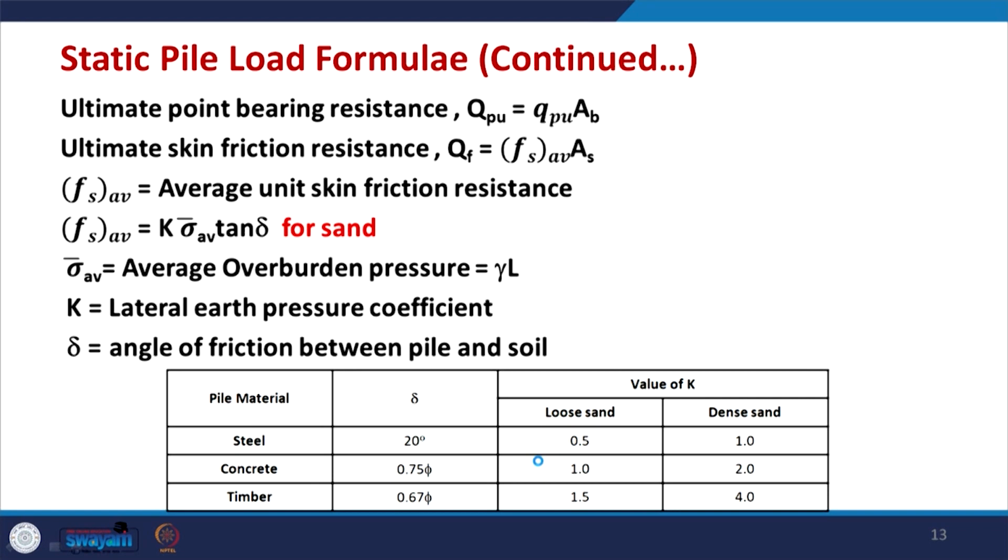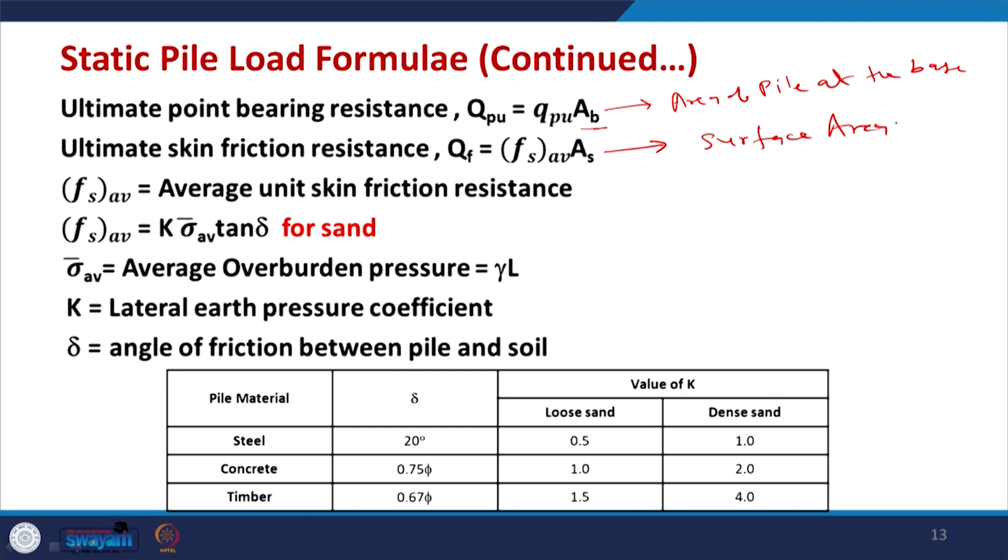Now, once you know QPU, multiply it by AB, where AB is the base area of the cross section of the pile at the base. The ultimate skin friction resistance can also be given as Fs average into As, where As is the surface area, which depends on the length, or depth, of the pile.